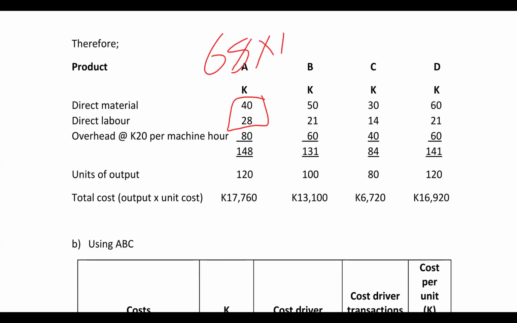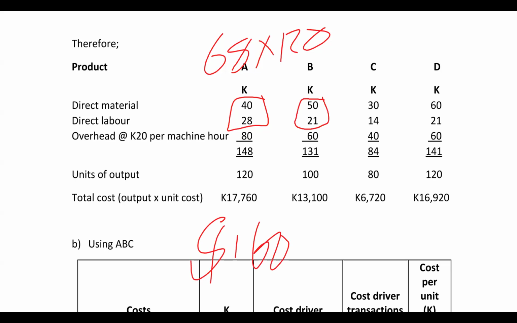That is how you find that amount, the 8,160 somewhere. That's a prime cost, because prime cost simply means direct material plus direct labor. Then when you come to B, add 50 plus 21. Then the total you find multiplied by 100 units. And also when you get to C, just add the direct costs only multiplied by the number of units. That's how you find all the prime costs.